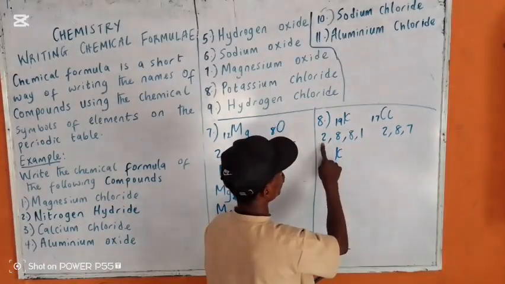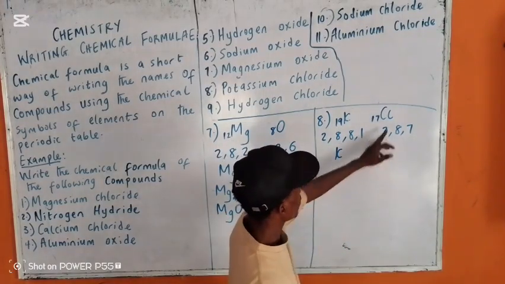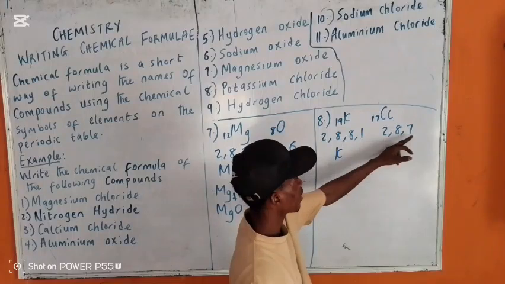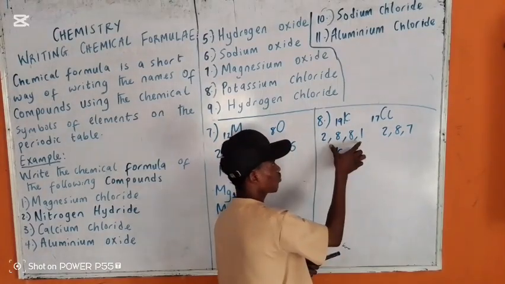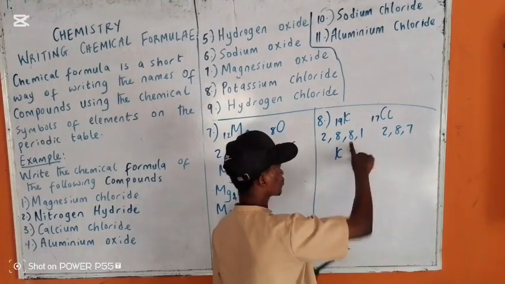Potassium is 2,8,1. Chlorine is 2,8,7. Now potassium needs to give out 1 to attain the octet rule.